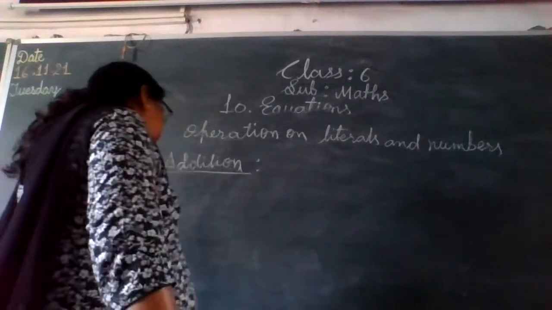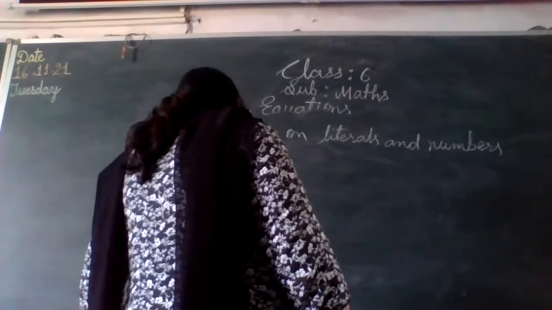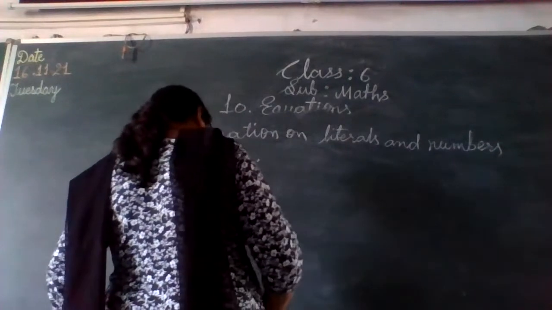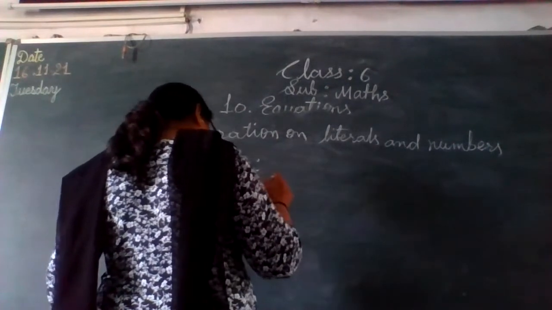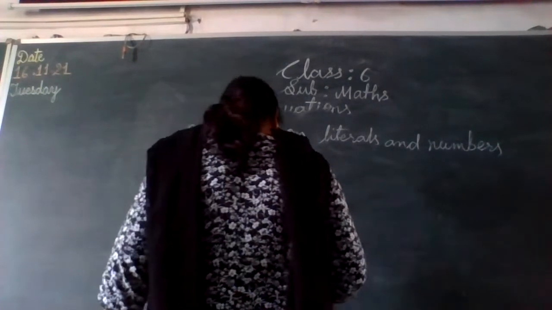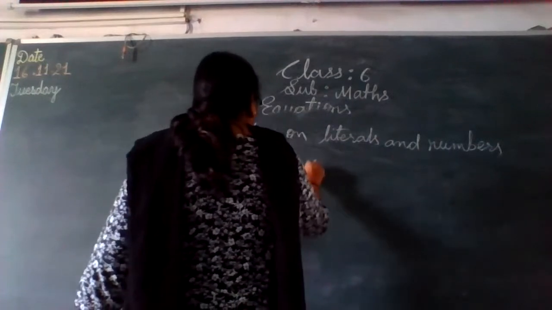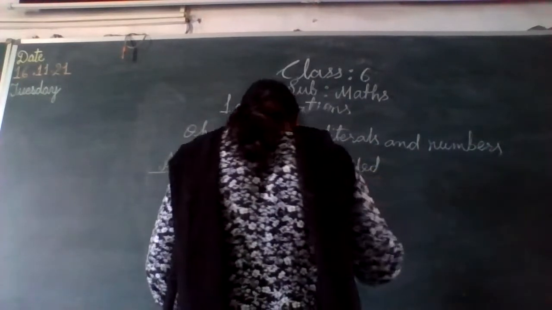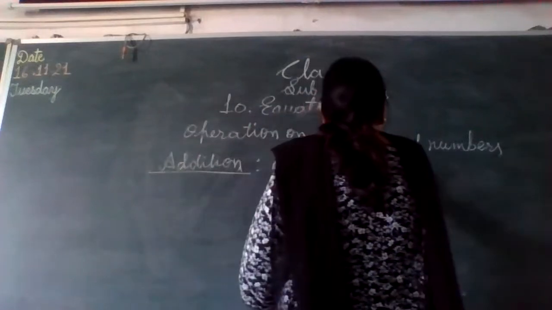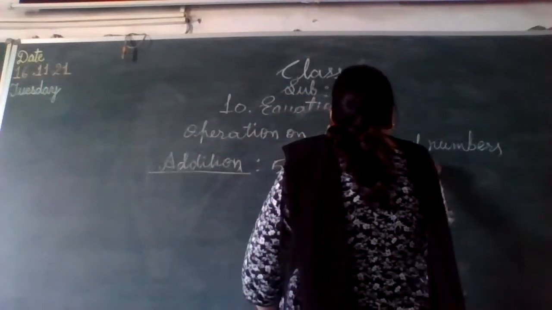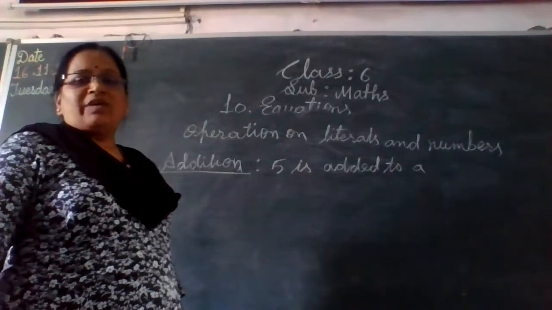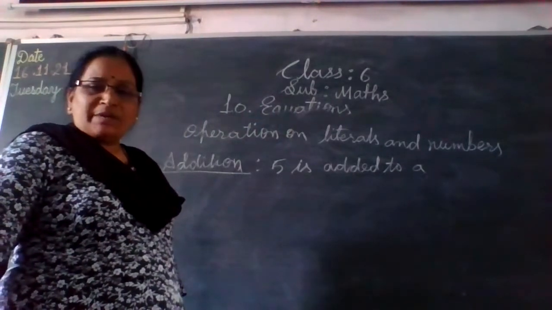Six is added to X. The sum is... 5 is added to A. So what happens if you add 5 to A, where A is the variable?